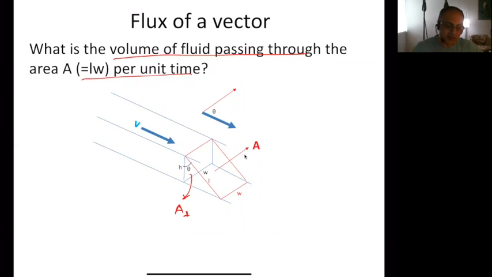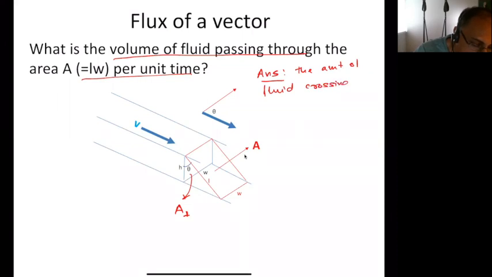All right. So let's calculate how. To answer the question, I simply need to figure out how much fluid is crossing A perpendicular per second, right? So the answer would simply be the amount of fluid crossing A perpendicular. If I can find that, that is the answer to the question.